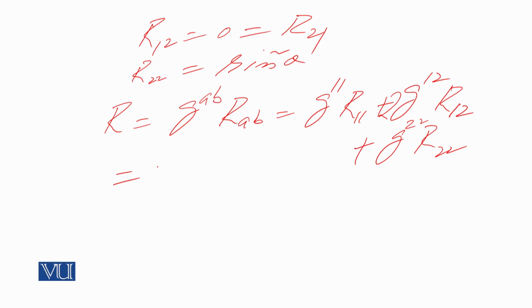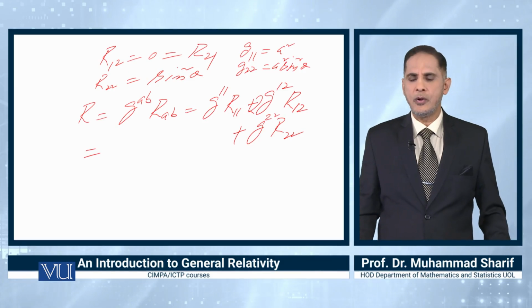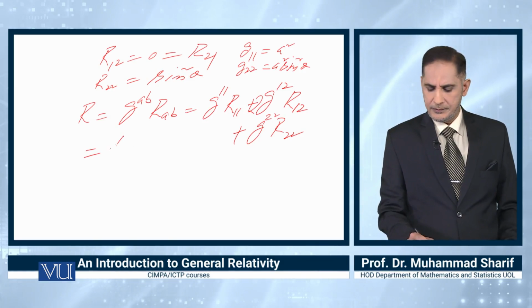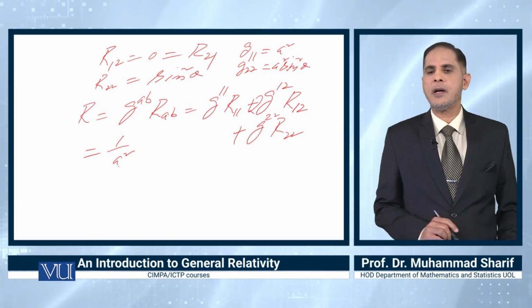So now you know that G11 is a square, G22 is a square sine square theta, and G12, G21 is 0. So we can write here 1 over a square, and R11 is 1.